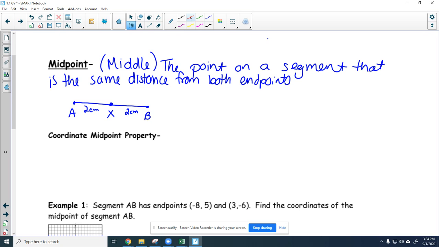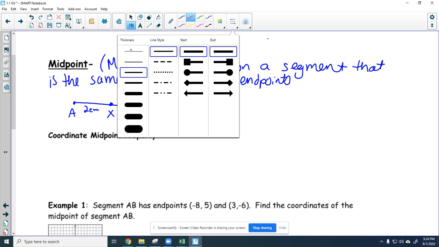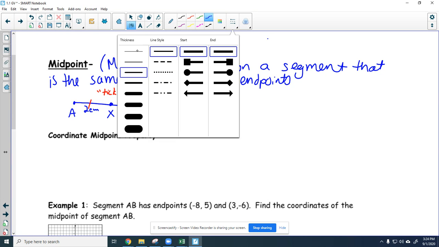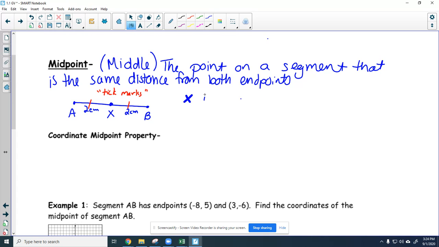You can also do this, and this is a marking technique that we will use all year long, is put these little what we call tick marks through those segments. That is our kind of shorthand way of marking segments congruent to one another. So again, we call those tick marks. All right, so now it's okay to say that X is the midpoint of AB.